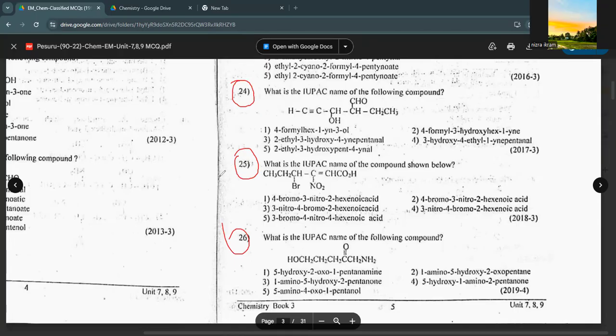Now try the 24, 25 and 26. All of you have to put the answer. Even if it's wrong, it's fine. You try and tell the answer, okay?